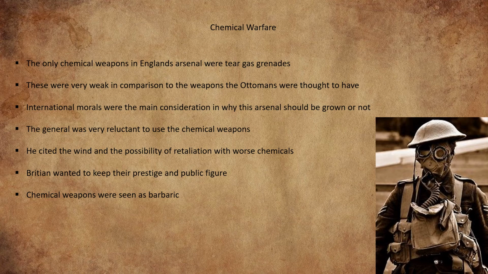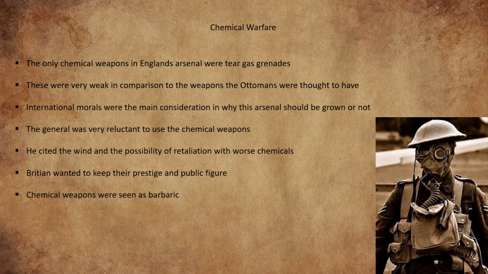International morals were the main consideration in why this arsenal should be grown or not. The general was very reluctant to use the chemical weapons because, again, it would hurt Britain's public figure, which they very much wanted to avoid because their main goal is to maintain their prestige and public figure to be a world power.